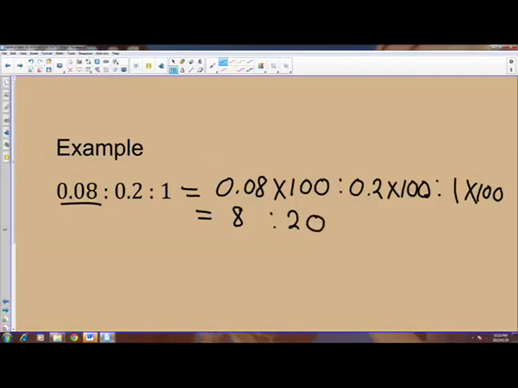You move the point twice to the right. And then 1 times 100 is 100. The ratio now is 8 is to 20 is to 100.